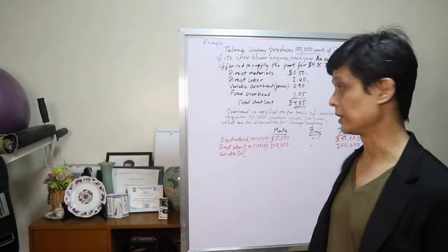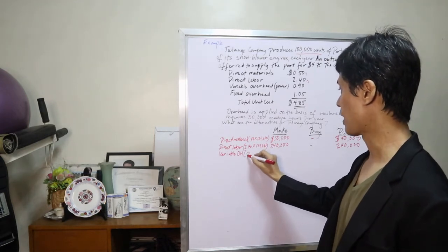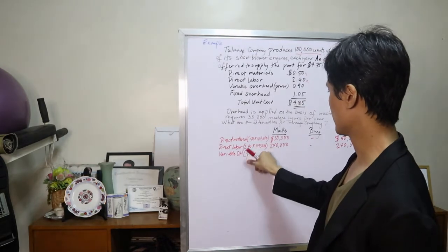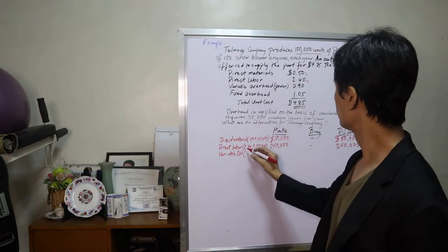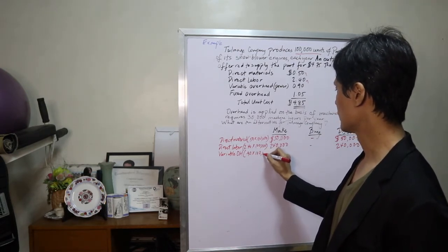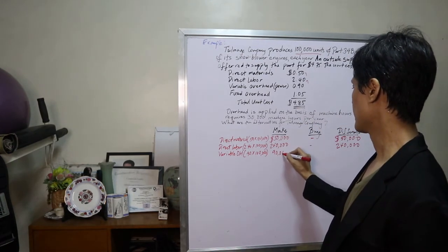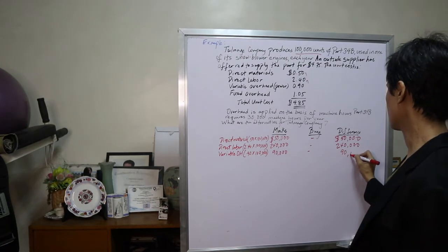It's part of manufacturing, which is yung power. So, 0.90 times 100,000. So, this would be 90,000.